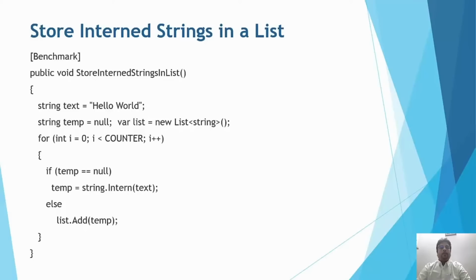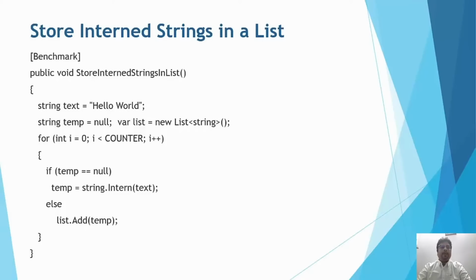This example stores interned strings in a list. So you can see that we have created a list of strings. We are interning strings, and then we are adding them to the list. Here we are checking if temp is null. The first time, because temp is null, it will intern it, and then the next time it will add it to the list.